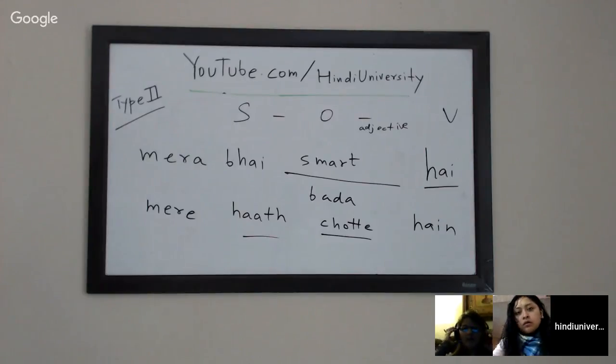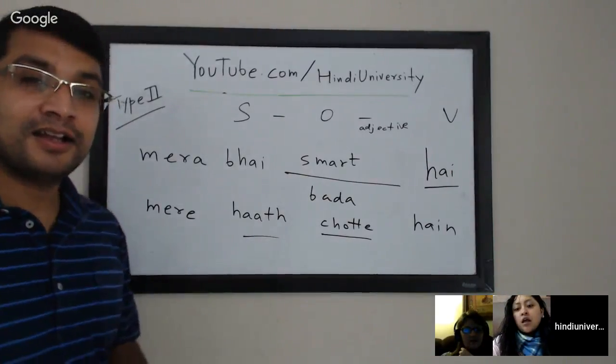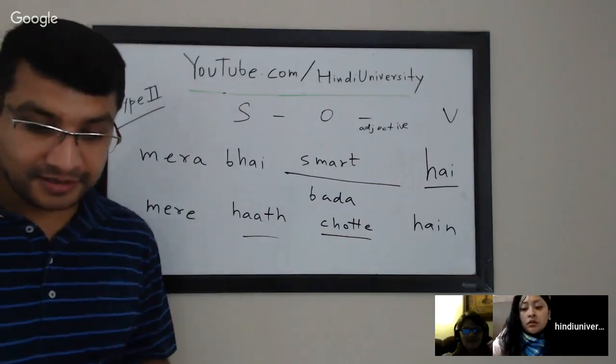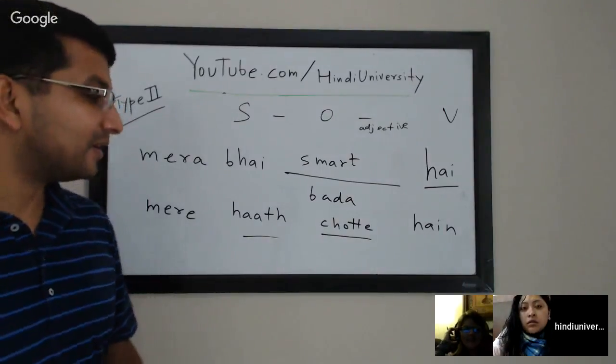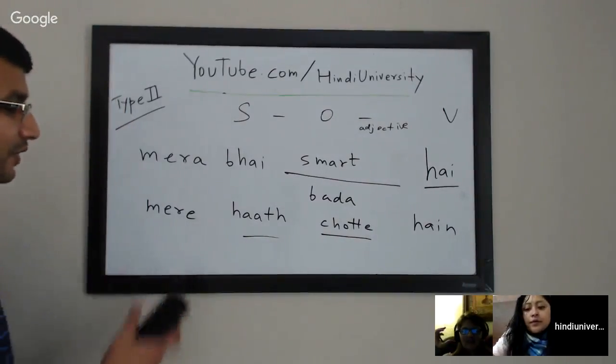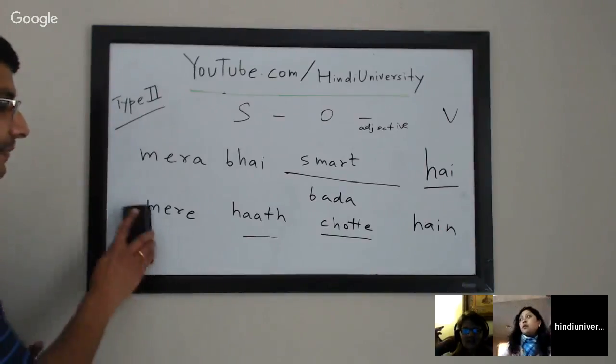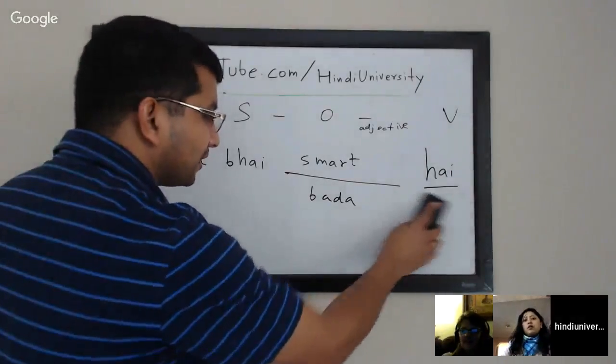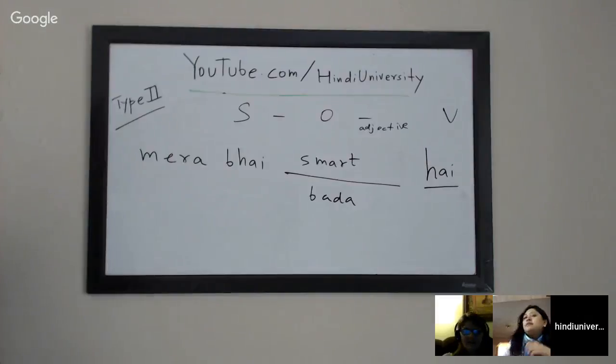How do you say broken? Tuta. Yeah, broken. There we go. Okay. So if you're trying to say my hand is broken, you can say mera haath.